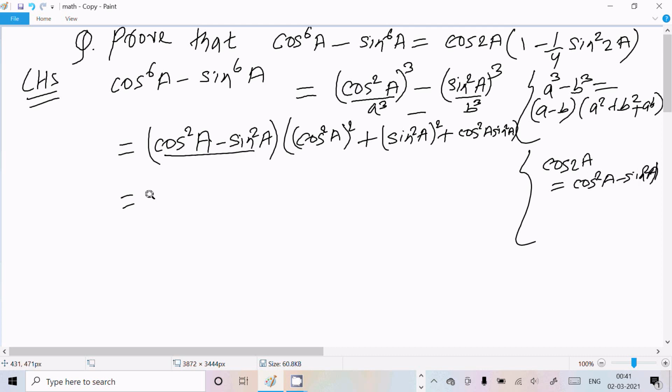So in place of this we can write cos 2a. So this part has come.